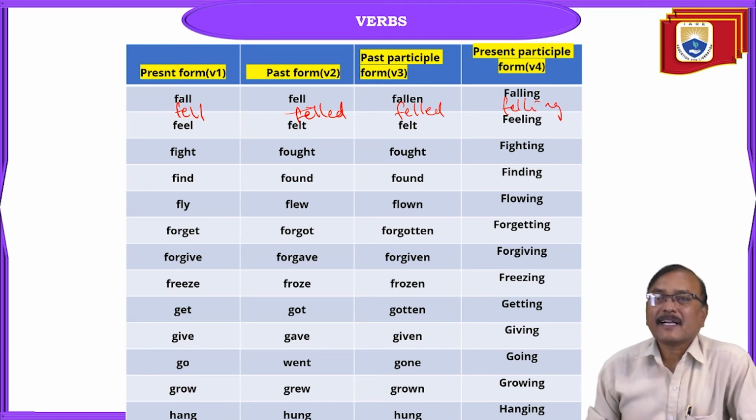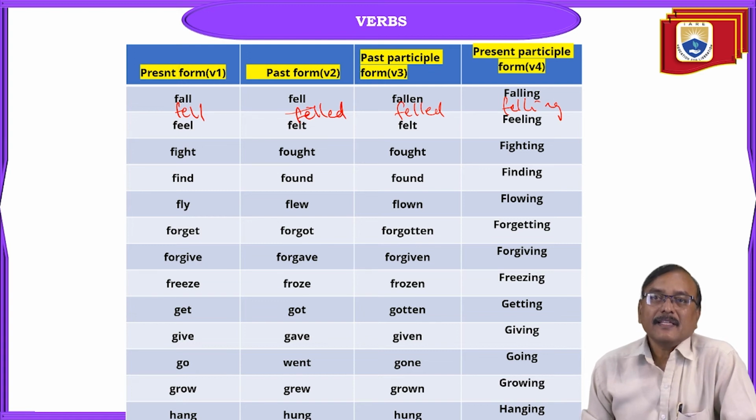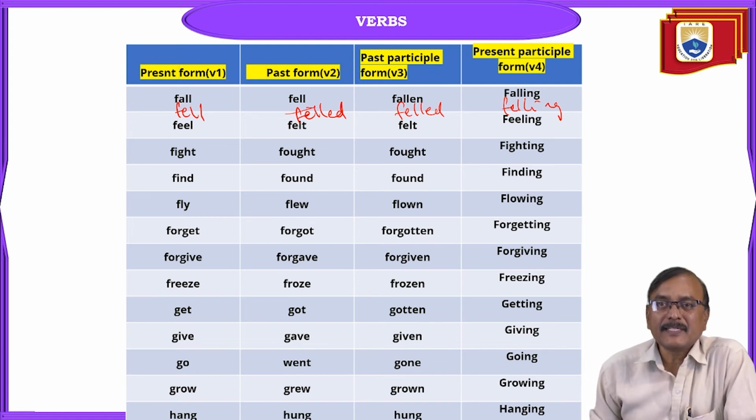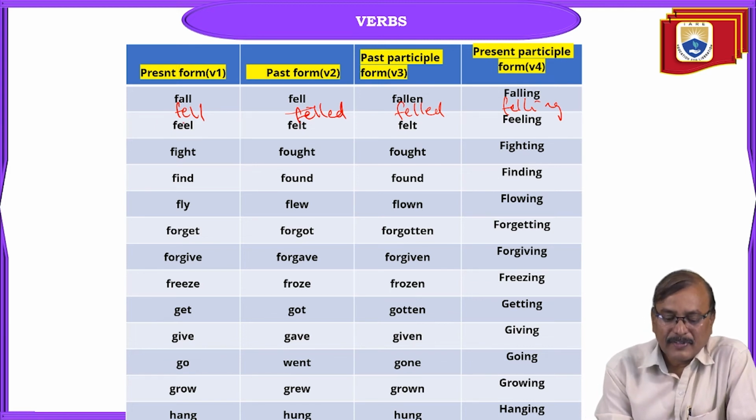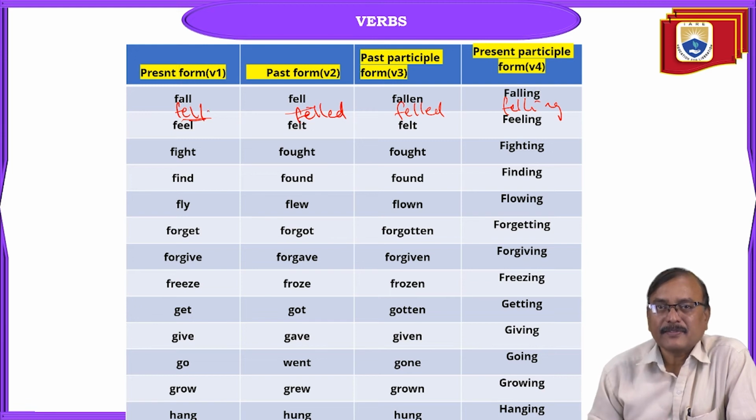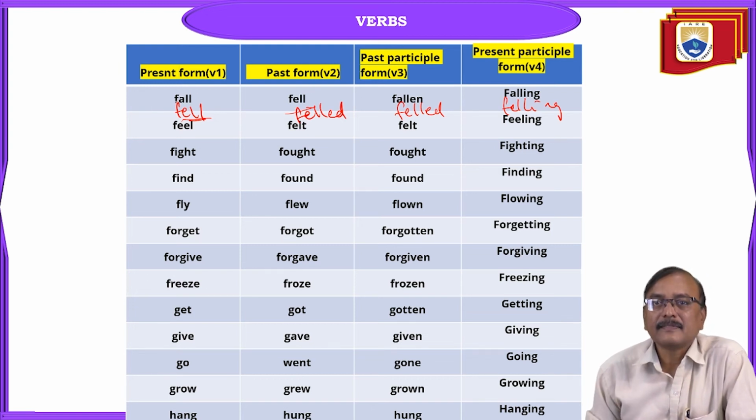Fell means cut. The trees were felled down means cut down. Is it clear? Here we can have fell as V1 also, with a different meaning. Fell means cut. Here fell means the past tense of fall.